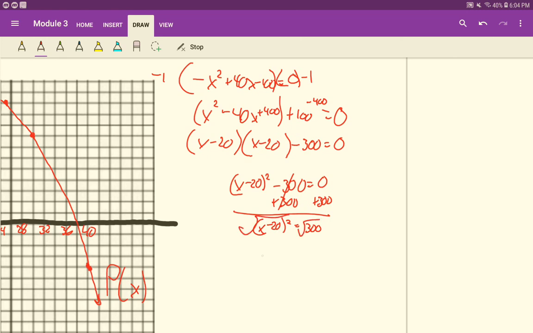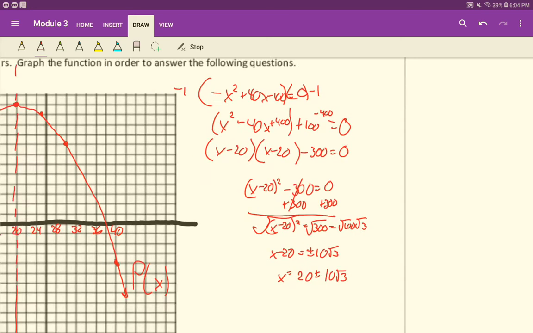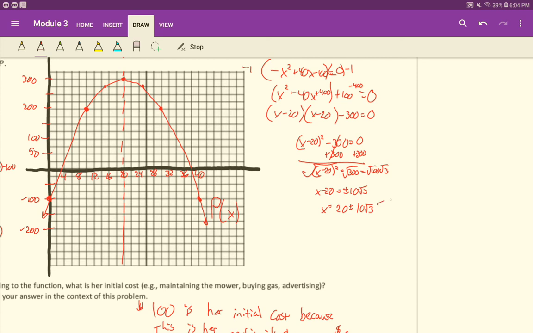Square root both sides. Plus or minus the square root of 300, which, if I simplify that, 300 is 100 times root 3, so it's going to be 10 square roots of 3. And we'll add 20 over, so x equals 20 plus or minus 10 times the square root of 3. So 20 plus 10 times the square root of 3, and 20 minus 10 times the square root of 3.